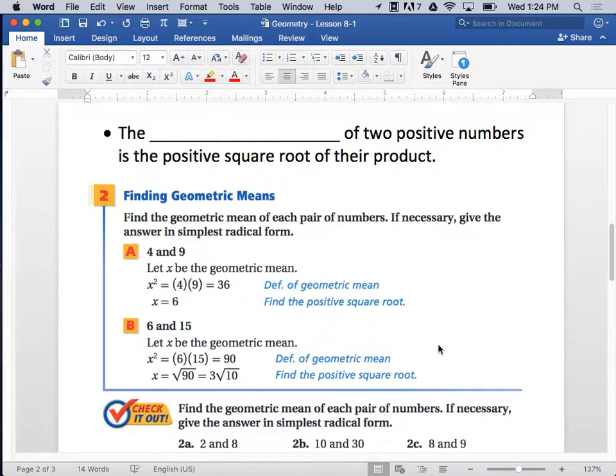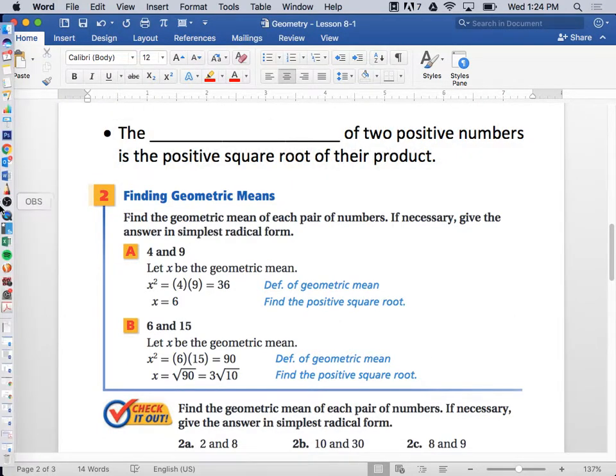This is actually probably the easiest thing that you're going to learn in all of geometry. Okay, so look, it's called the geometric mean. Yeah, it's easy, but it's mean.